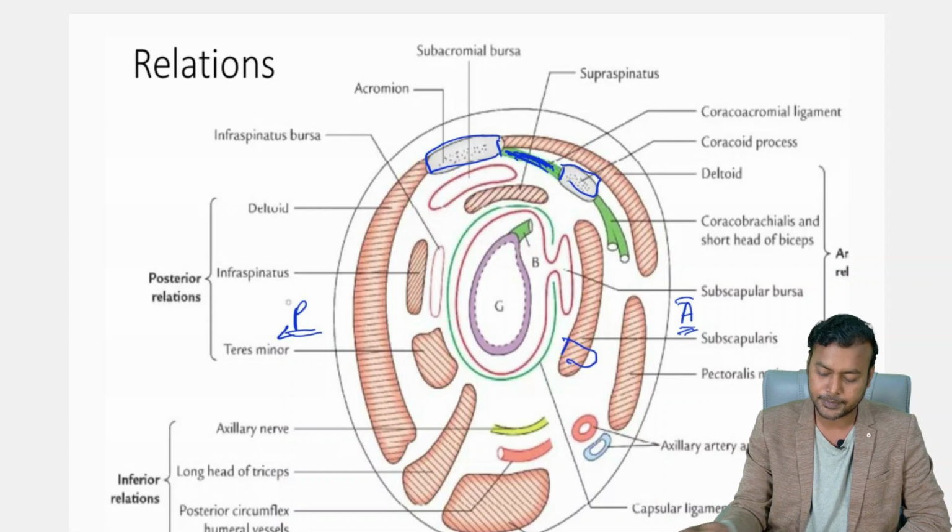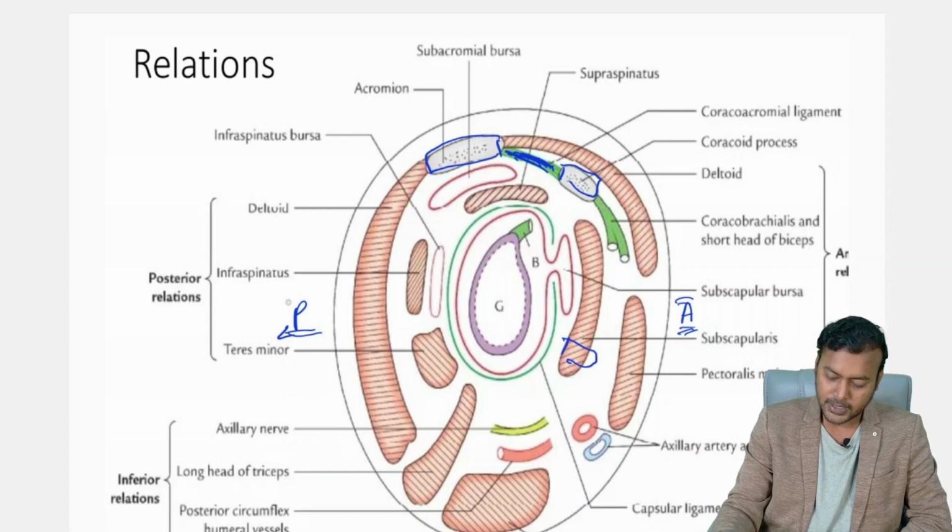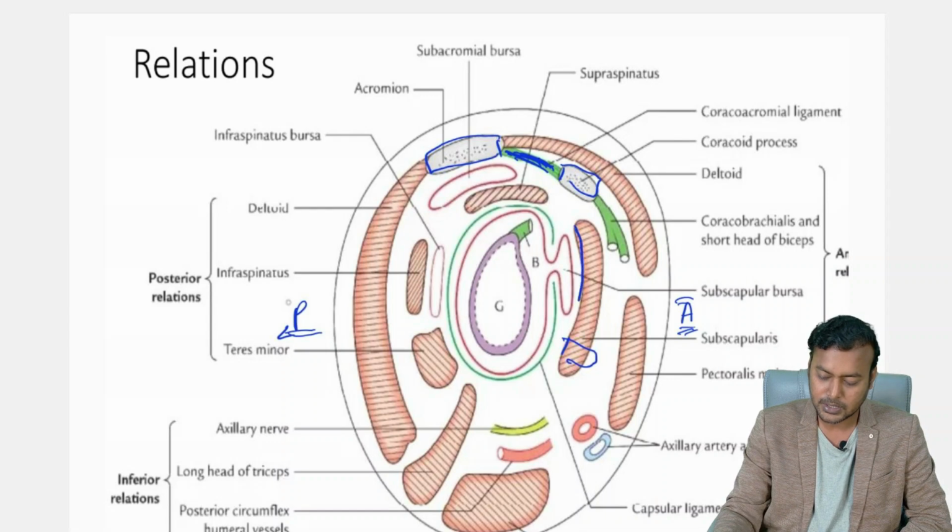coracoclavicular ligament. So we had seen in front of the shoulder joint there is a muscle known as the subscapularis. Then on the superior aspect we had the muscle supraspinatus. On posterior aspect we had the infraspinatus and the teres minor.